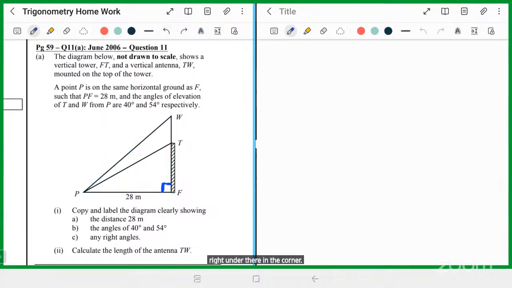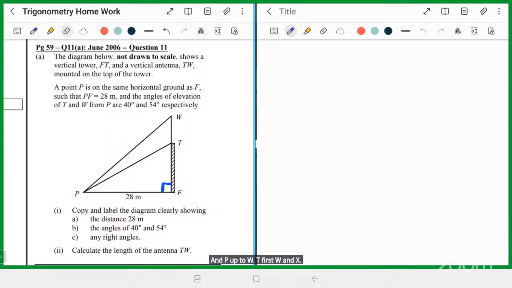Then it says PF is 28 meters, and they show that on the diagram. Sometimes they wouldn't show it and you have to put it on. And the angle of elevation of T and W from P. So let's read it again. Angle of elevation of T and W from P. So it's from P up to T and P up to W. T first, W next.